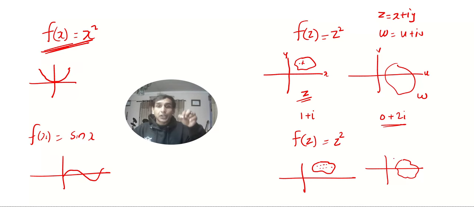But there is no guarantee like in our real valued function that the output must be a parabola. So that is a very important point. So that is all with our complex valued functions.